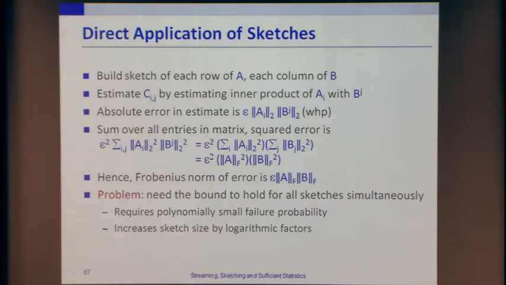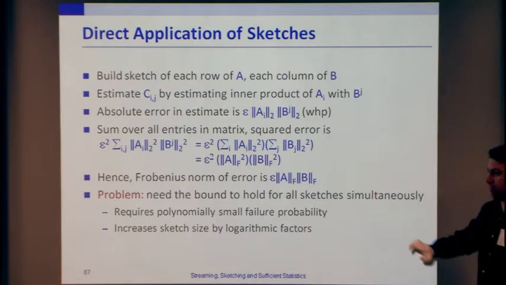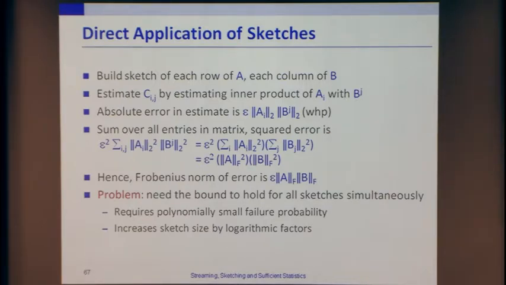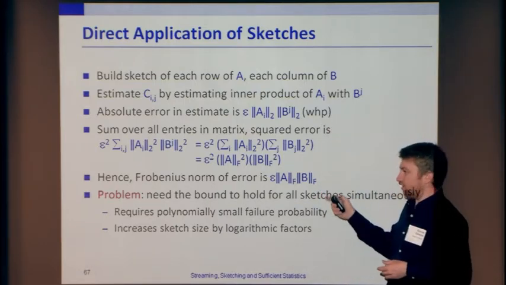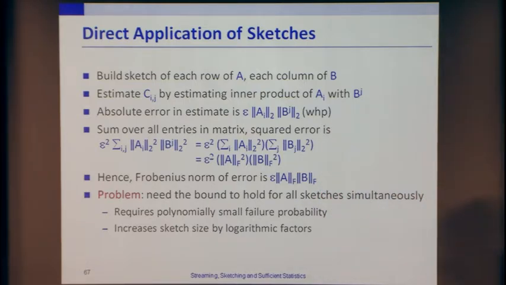Let me make sure that every sketch gives me this guarantee with polynomially small error rate. That comes fairly cheaply. That just gives me log factors in my sketch size. And then I can argue that this holds everywhere, and I get this result. So that's a little bit unsatisfying because log factors count. And in some way it feels that we shouldn't need that.